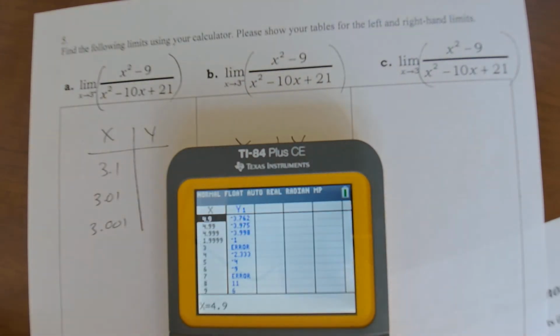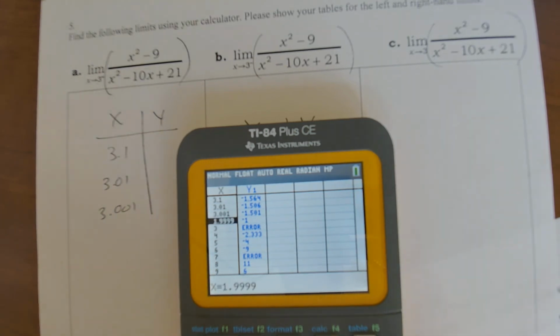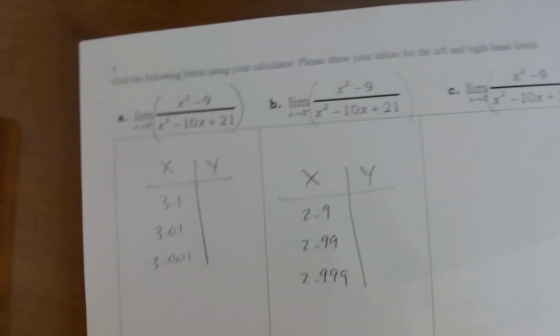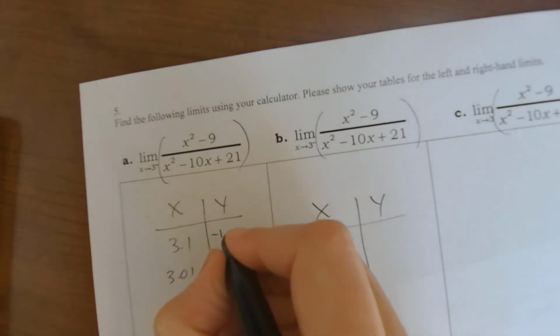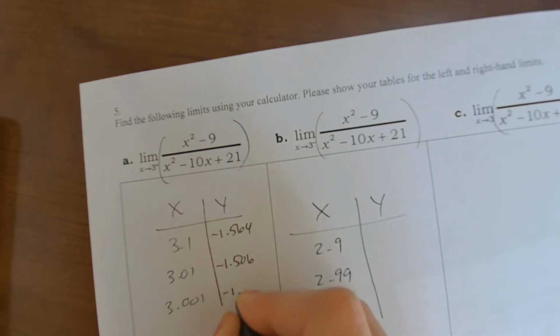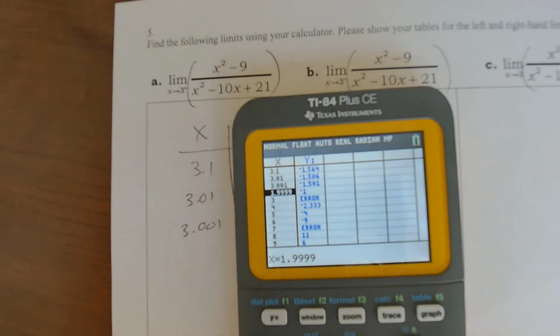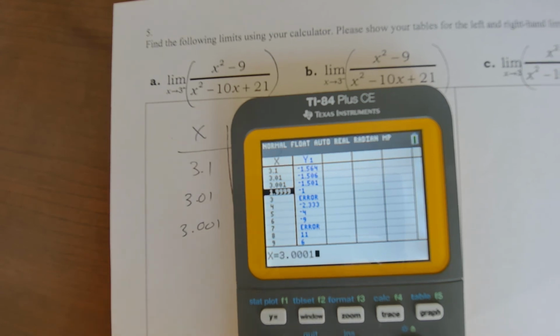Then I go to the table, 3.1, 3.01, 3.001. Okay. So I see negative 1.564, negative 1.506, negative 1.501. It looks like negative 1.5 is what we're approaching. Let me try again. 3.0001.